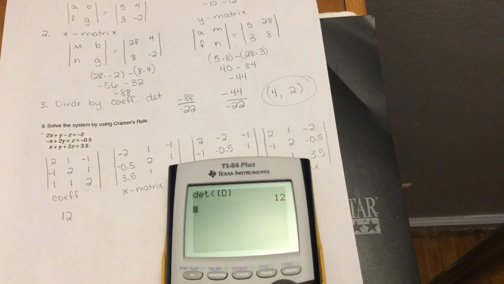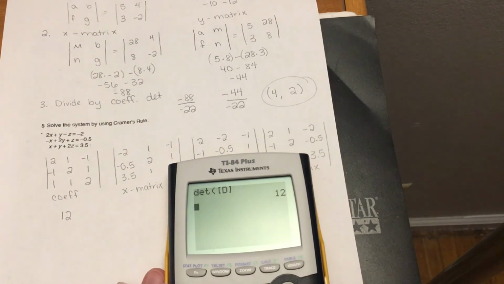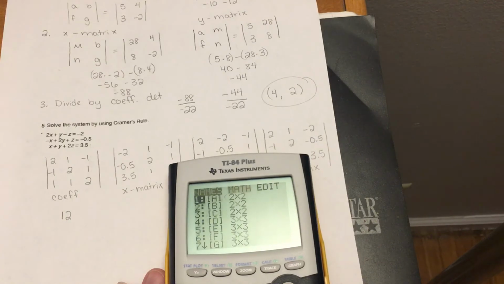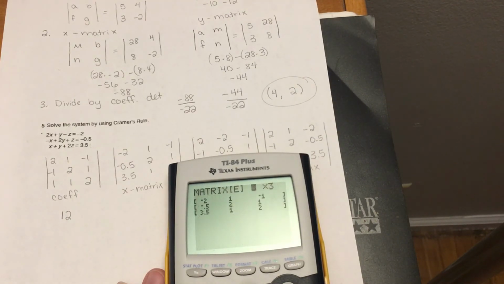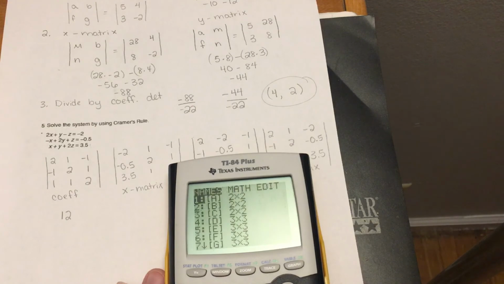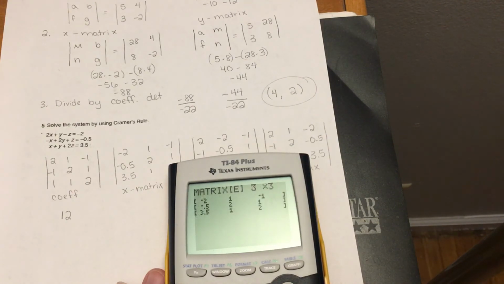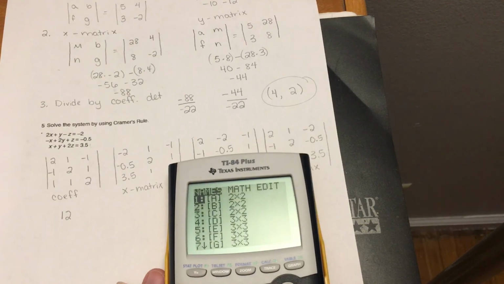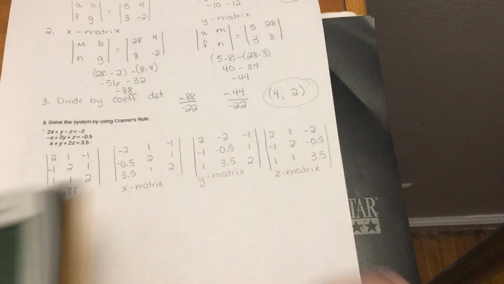And then I'm going to do the determinant of my X matrix. I'm going to check it. Okay, that looks good. So we're going to do the determinant of matrix E. Got 6.